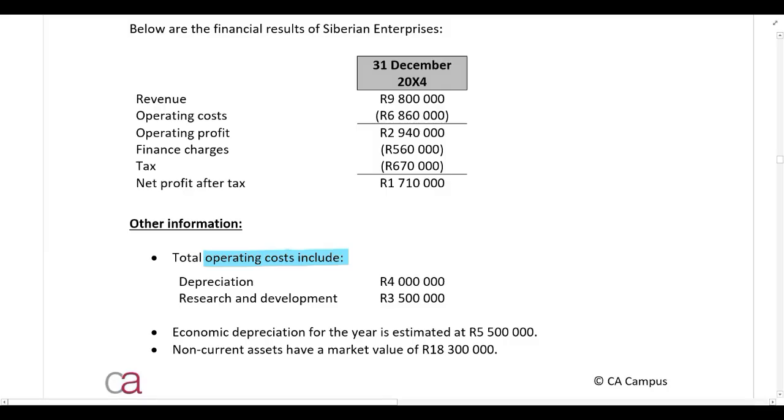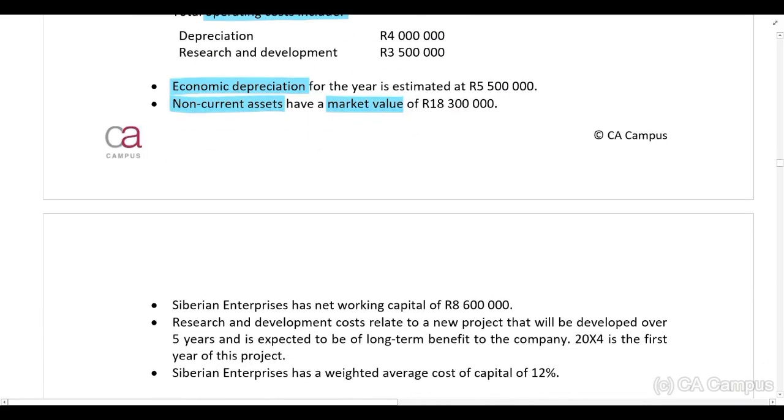So that's sitting in these operating costs over here. The economic depreciation for the year is estimated at 5.5 million. Their non-current assets have a market value of 18.3 million rand. They have a net working capital of 8.6 million rand. So please remember your net working capital is just your current assets minus your current liabilities.